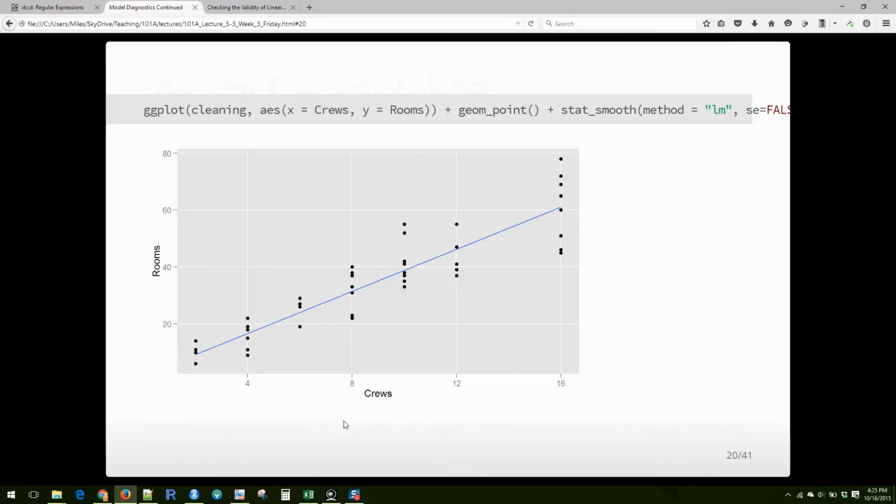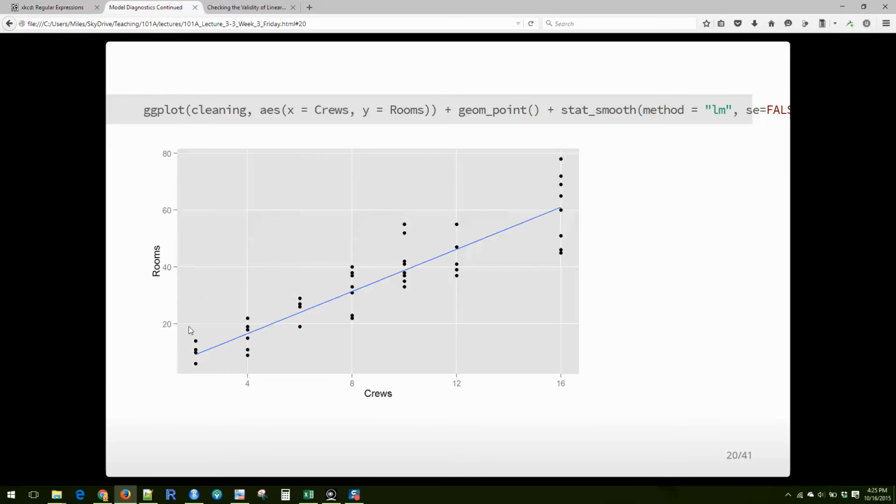So we plot it, and we see, yes, with only 2 cleaning crews, you can't clean that many rooms. When you have 16 crews, you can clean a bunch. But what do we also notice? We don't have constant variance.